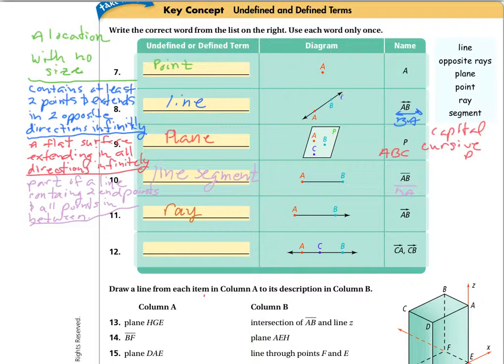Notation for a ray is very picky. So let's define it first. It's, again, part of a line that has one endpoint and extends in one direction.